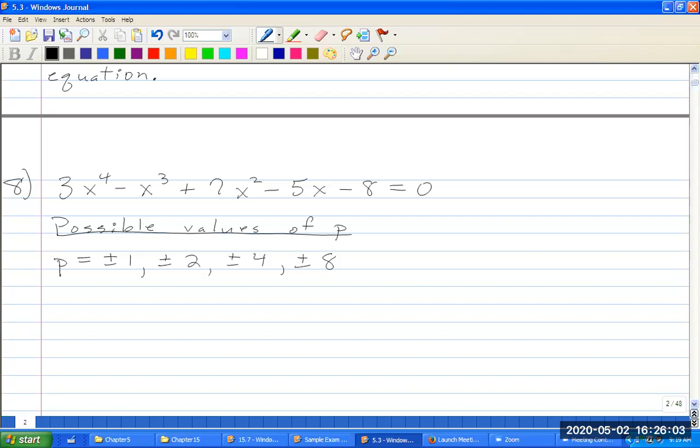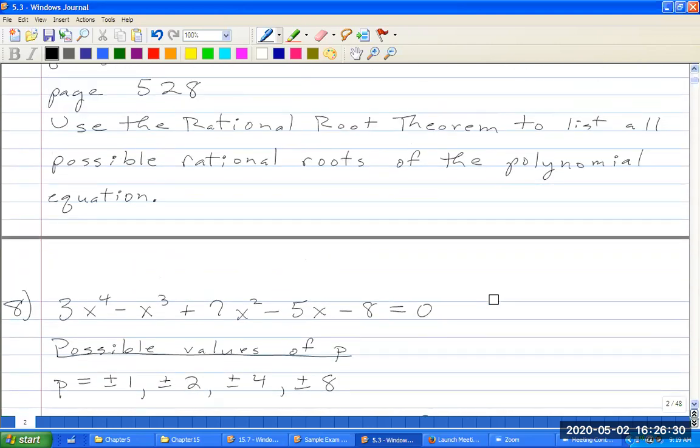Let me just see if I wrote this correctly. Okay, so that's leading, so those are factors.